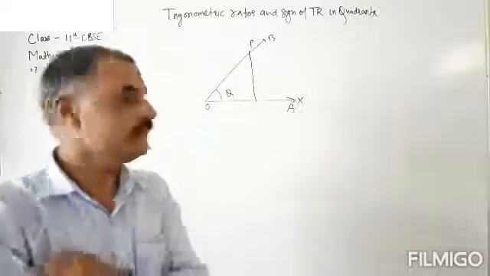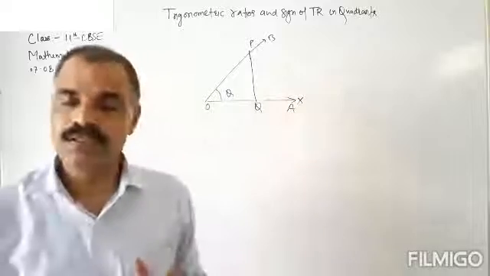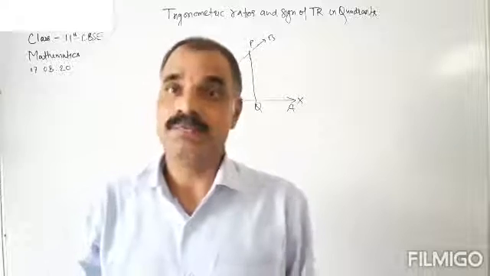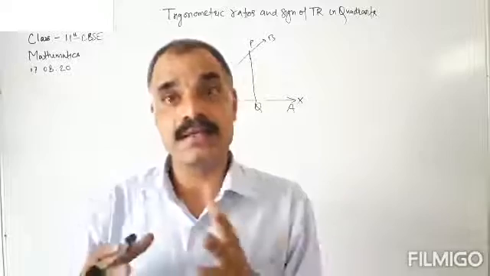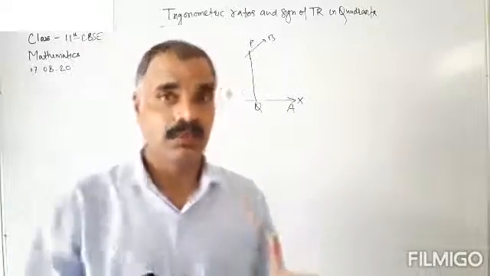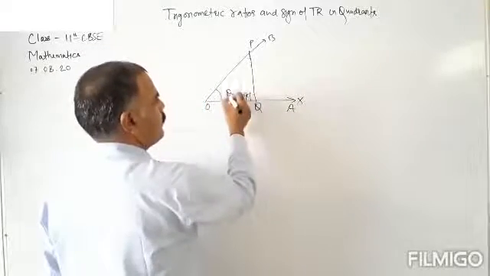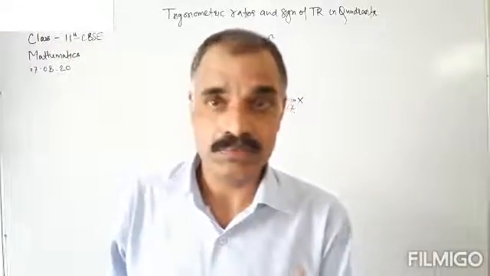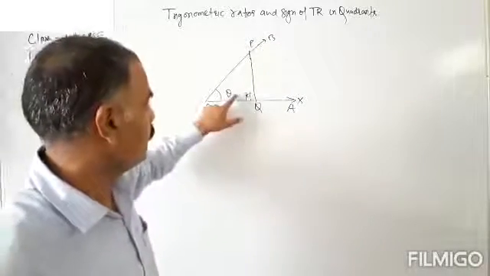Now this triangle OPQ is said to be the triangle of reference. This triangle is right angled, since we have drawn a perpendicular on the initial ray OA, so this angle is 90 degree, and this angle is theta, of which we want to find the trigonometric ratios.